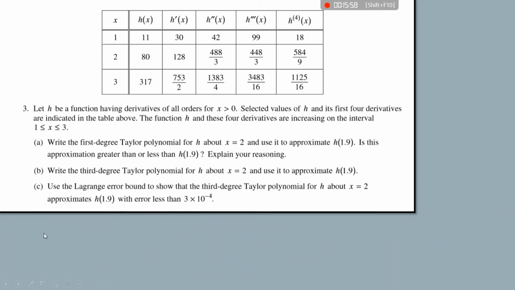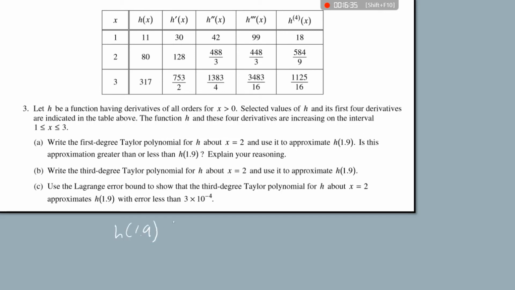And then last part, I want to use the Lagrange error bound to show that the third degree Taylor polynomial for h approximates the actual value with error less than 3 times 10 to the negative fourth power. So that means we're going to have to maximize our next term. Okay, so what would my next term have been? 584 over 9.